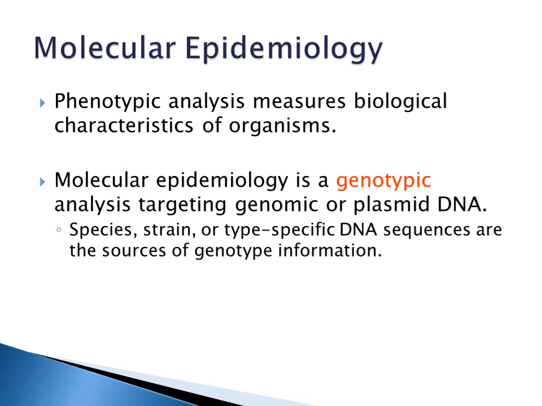In molecular epidemiology, we can do phenotypic analysis, measuring biological characteristics of organisms. We can also do molecular epidemiology for genotypic analysis, targeting genomic or plasmid DNA to determine a specific species, a strain, or a type-specific DNA sequence.